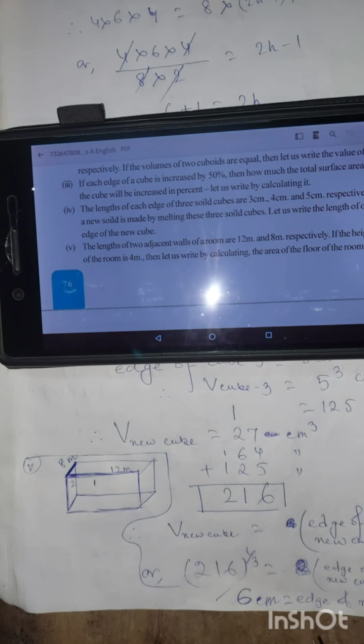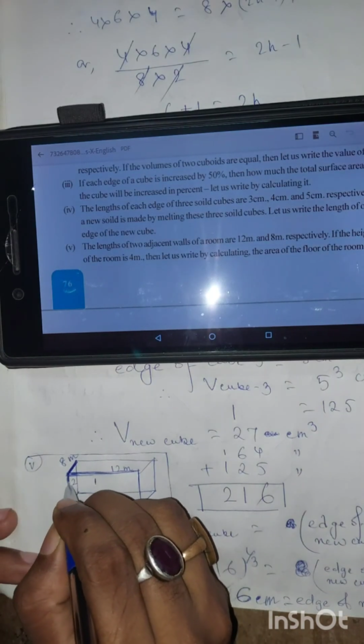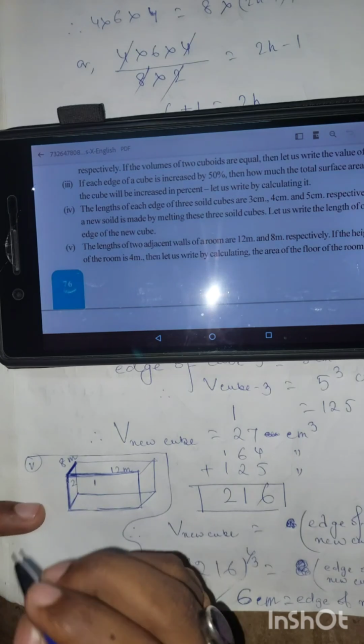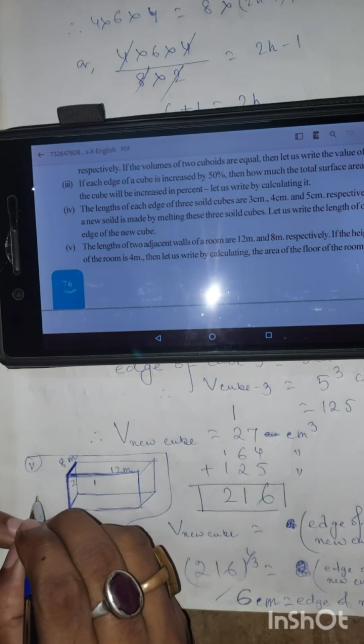And the height of the room, that means this height, is 4 meter.